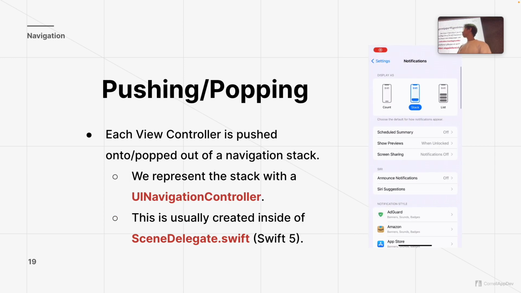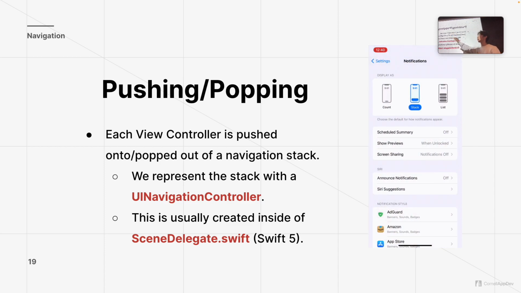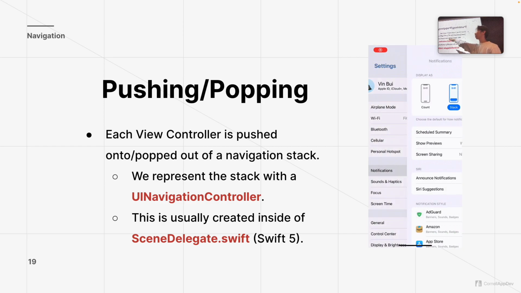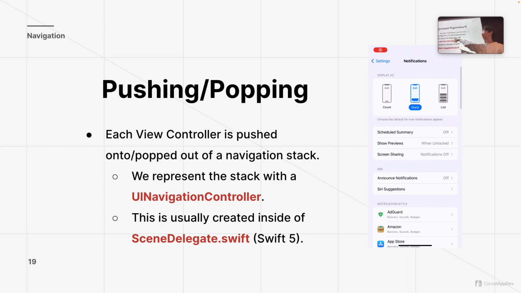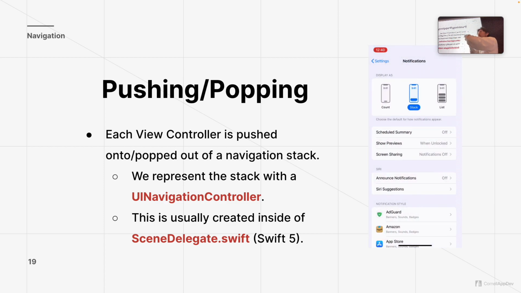This GIF is a little laggy, but basically if I click on that cell right there, it's telling the app to push another view controller onto this kind of stack. If I click on notifications and then I click on another cell, it's pushing each view controller onto this stack called the navigation stack.